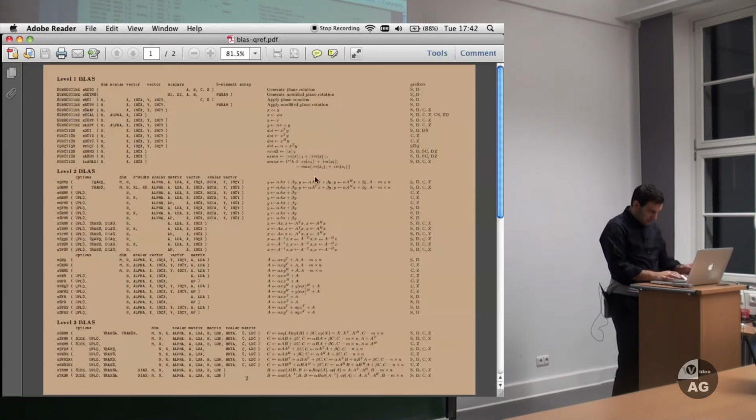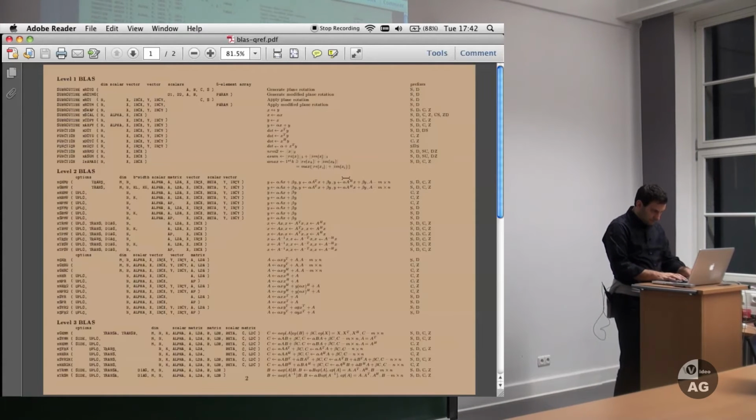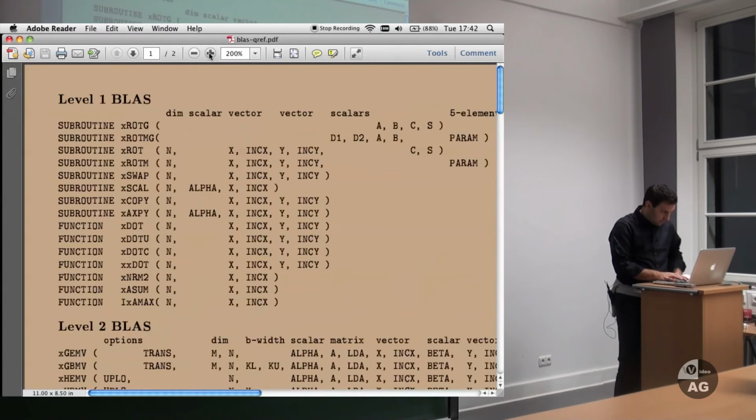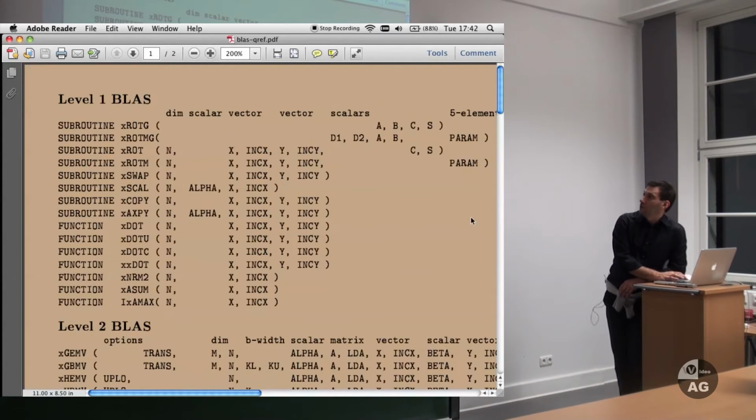Okay, and this is the BLAS. As you can see, it's divided in 3 sections, BLAS 1, 2, and 3. Now let's try to load this up. This is the lingo, so this is how the BLAS routines are called.